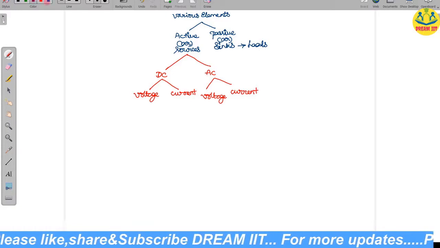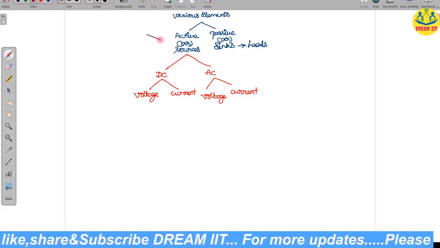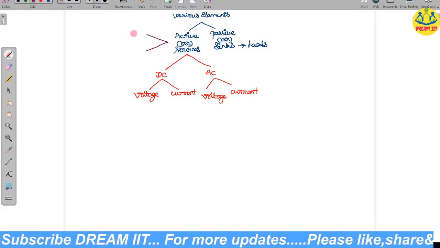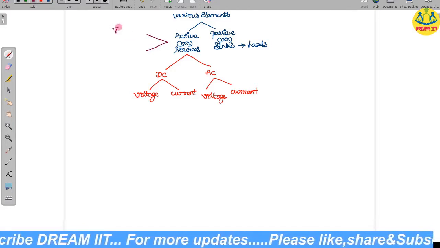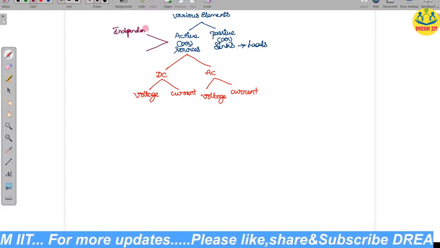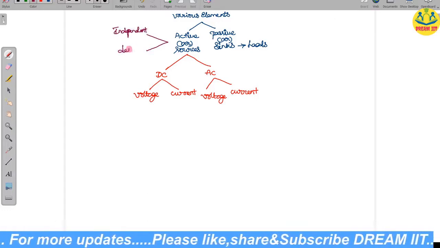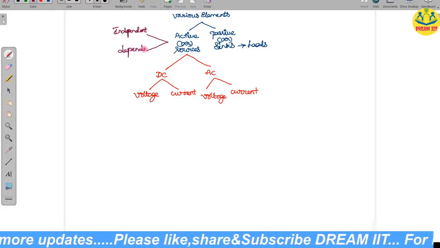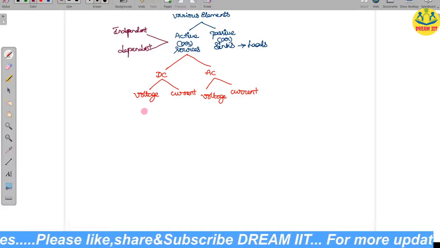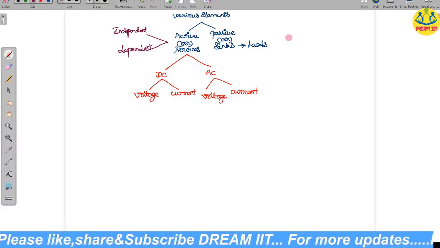Another classification, which I already discussed yesterday in the last class, is independent sources and dependent sources. So these are the different types of classification of active elements.